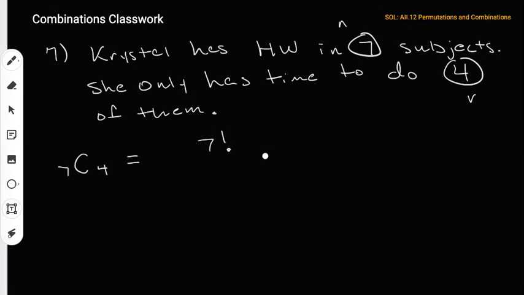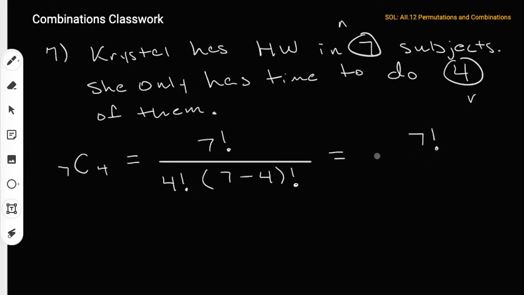So putting that in the formula for combinations, we're going to have 7 factorial at the top, 4 factorial at the bottom, and 7 minus 4 factorial. So what happens is 7 minus 4 is going to give me 3. So rewriting this, I can have 4 factorial times 3 factorial at the bottom. So for 7, I'm going to write out the factorial until I reach 4, and I'm going to stop.